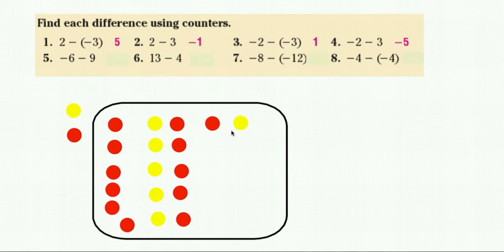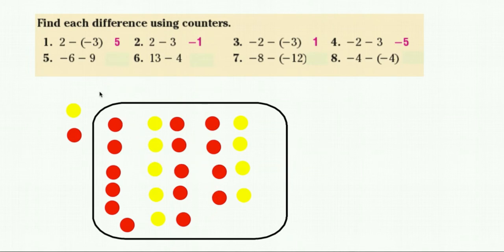So how many is that now? 1, 2, 3, 4, 5, 6 zero pairs. You need to add 3 more zero pairs. And there you go, 9 zero pairs.